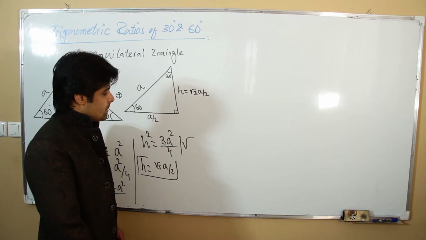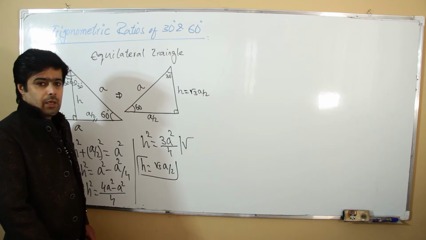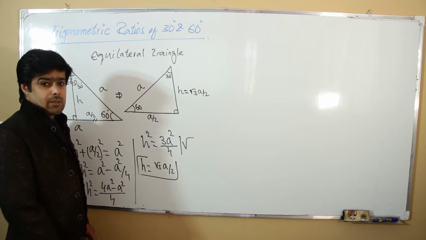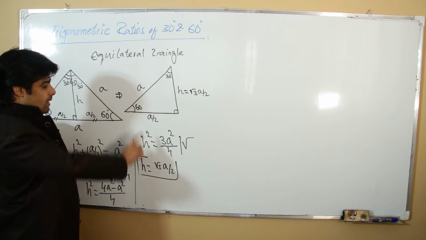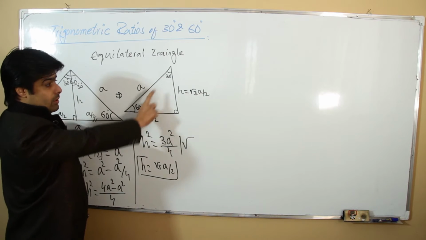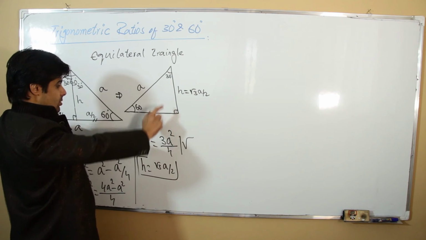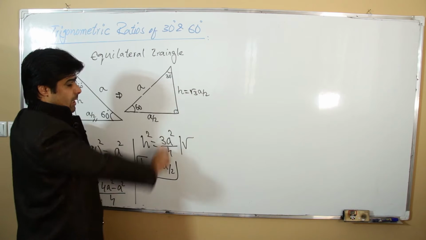Am I right? Yes. Now you are able to define any of these angles, maybe 30 or maybe 60. What should I define? First, we will come to 60. Am I right? Or 30? Doesn't matter. If you want to define 30, this is your opposite side, this is your hypotenuse, and this one is your adjacent.